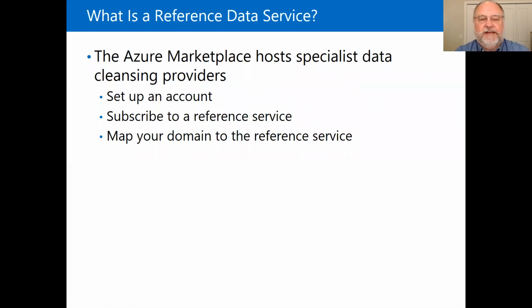Then we also have this idea of a reference data service. This is optional. You can use this or not, but what it is, a company or an organization, or often a government, will produce data for you. Sometimes it's free, sometimes you have to pay for it. For instance, if you use the US Postal Service's reference data service, then what you get is a list of zip codes, cities, states, etc. And it's totally free.